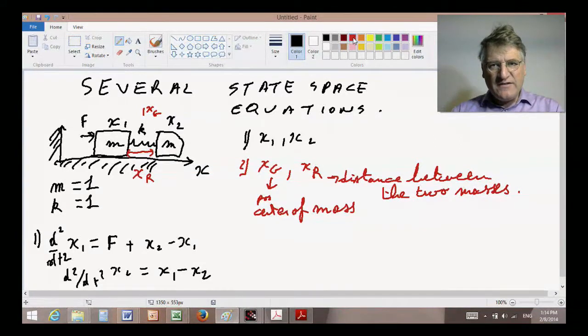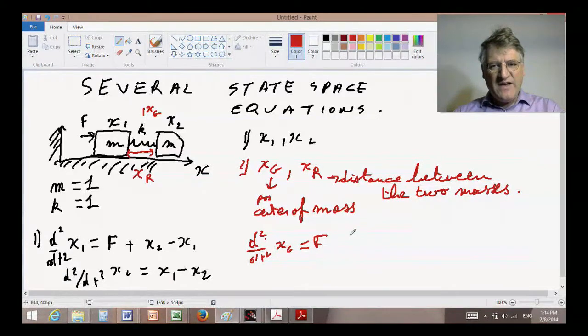On the other hand, in the coordinates of the center of gravity and the distance between the two masses, here's what we get. As you probably remember, we can write that d squared dt squared of xg is equal to F and F alone.